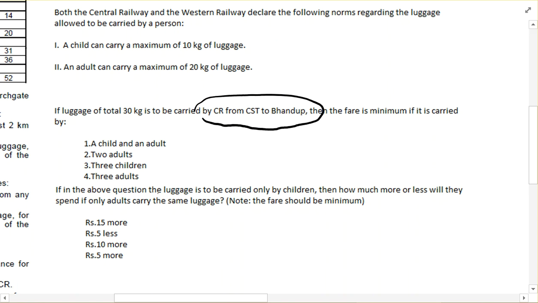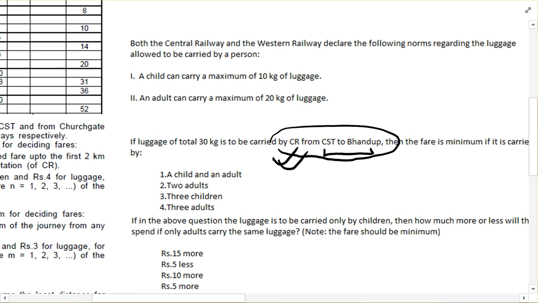If the luggage is to be carried only by children, how much more or less? So only Central Railway is what you have to worry about, and from CST to Bhandup only. You don't need to calculate the entire table's missing data.